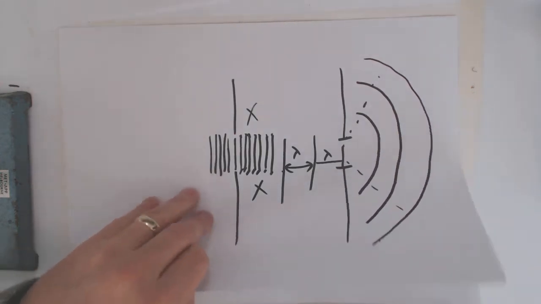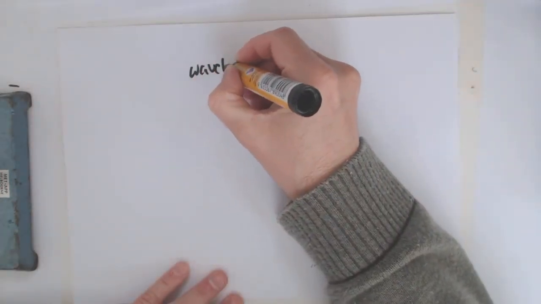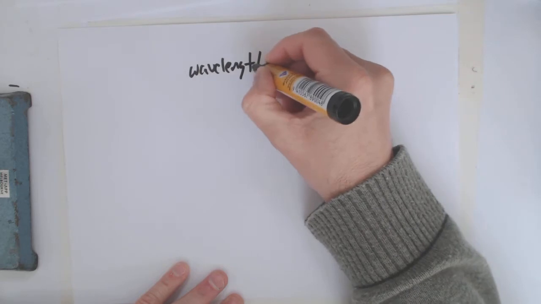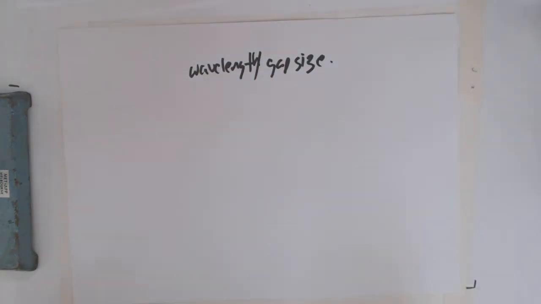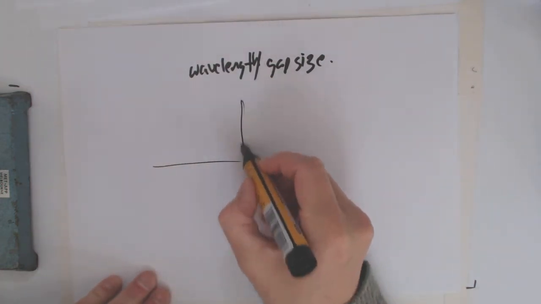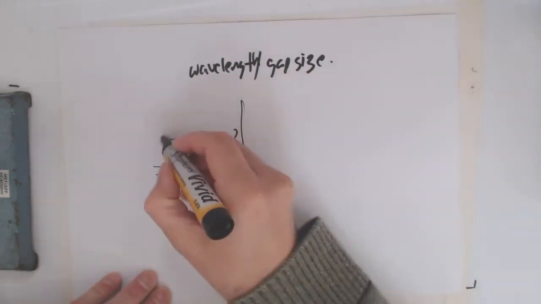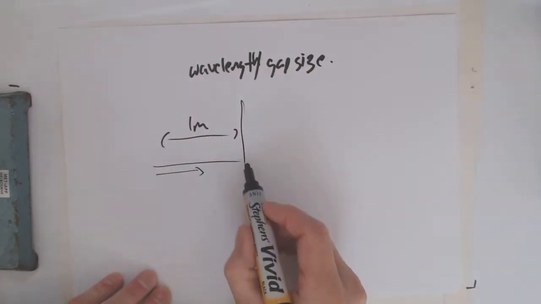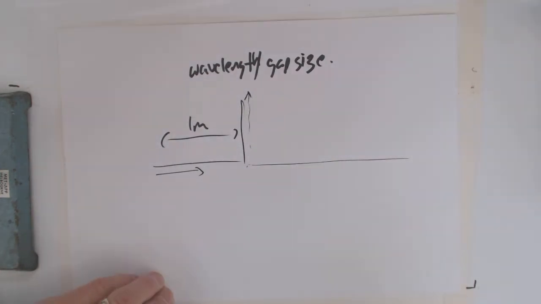Now, a few things to consider is wavelength and gap size. If the wavelength and gap size are comparable, lots of bending. So for example, if I shine a torchlight along here, and this is 1 meter, the torchlight should, when it gets to the edge, go down there, right?